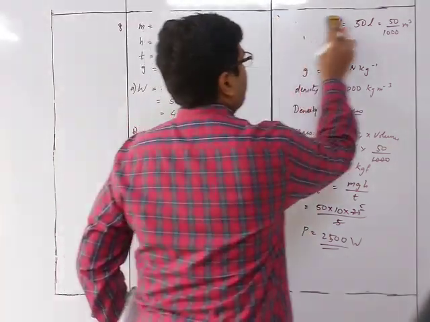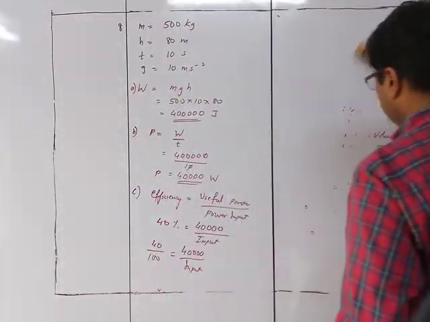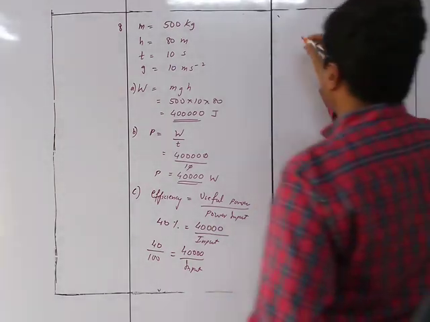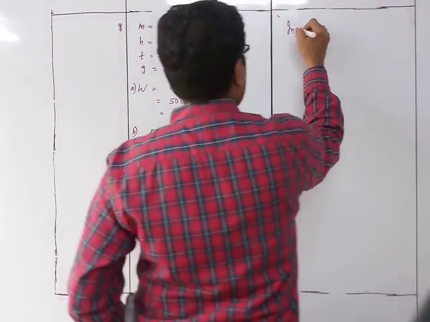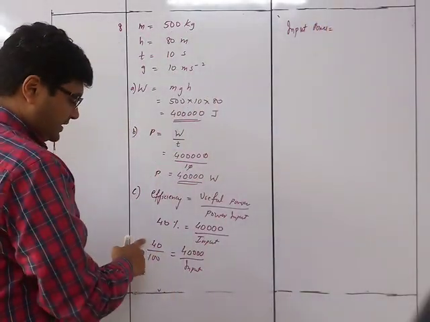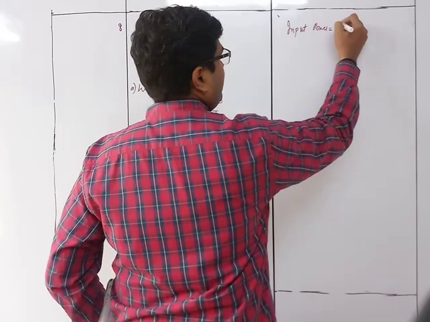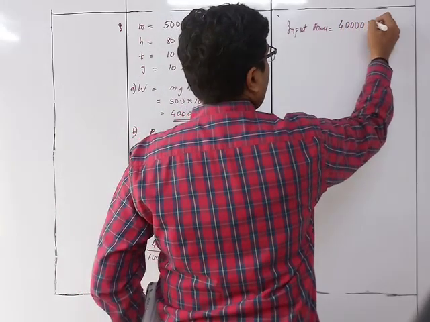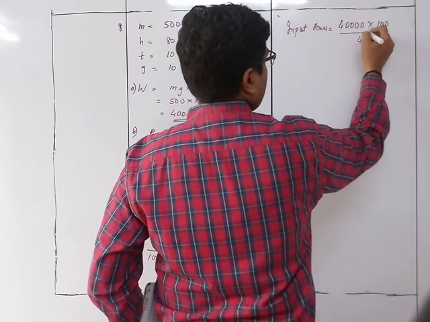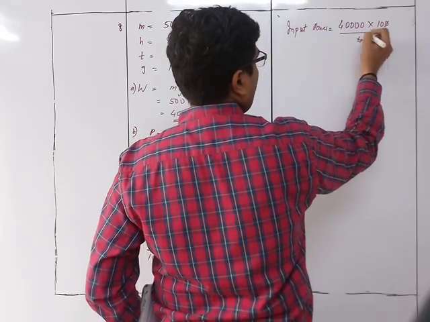Hence, input power = 40,000 into 100 upon 40. So this 0 goes here, 4 goes here.